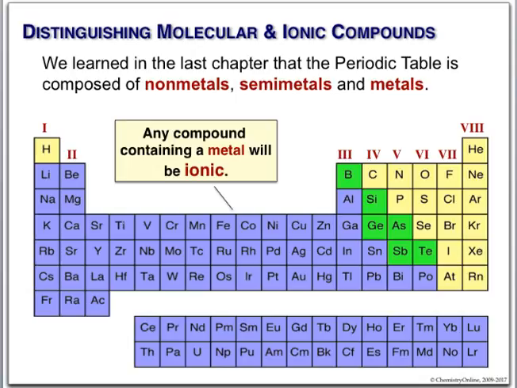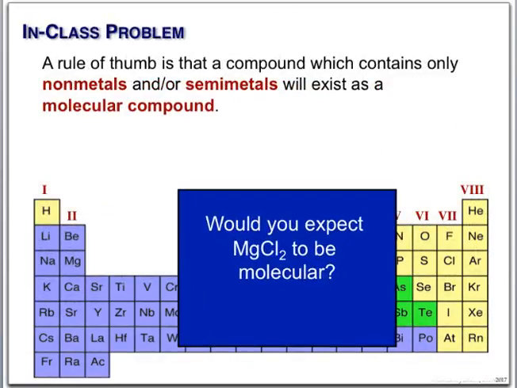All right, let's do a problem. If I tell you you have magnesium chloride, is this going to be molecular with covalent bonds, or is it going to be ionic? What you do is you look at the periodic table and you find magnesium.